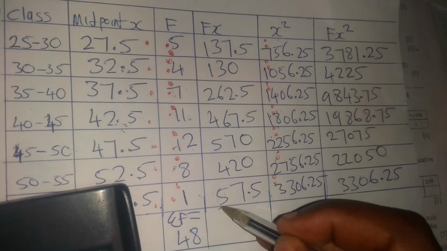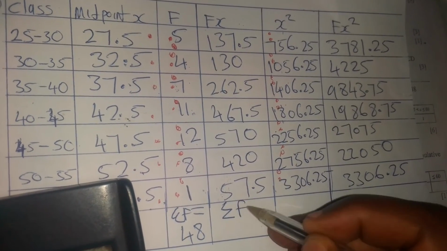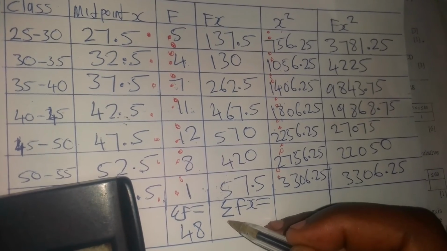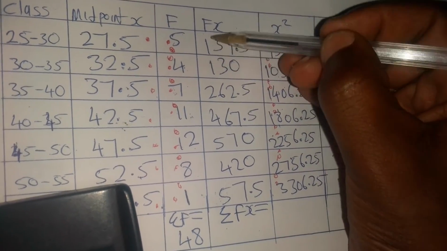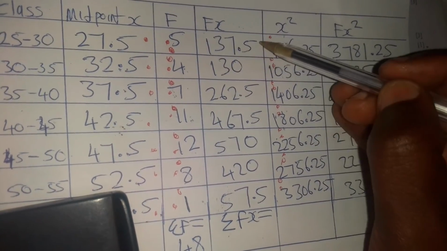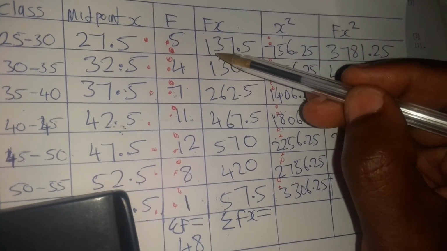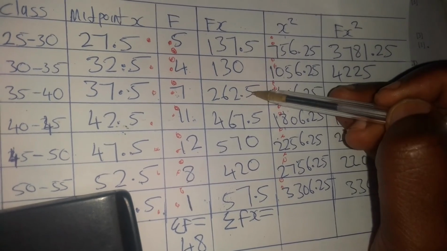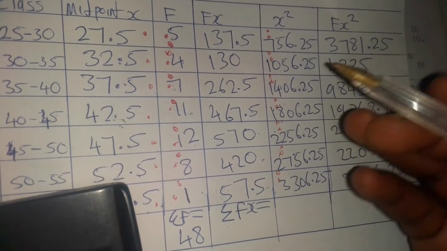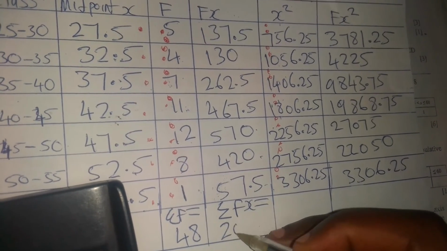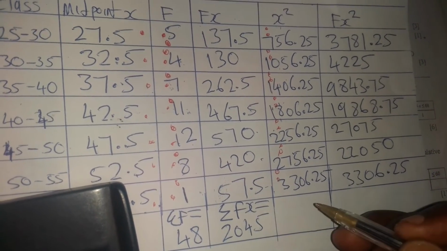Again, you have to add the numbers here. Sum. Remember this symbol means sum or adding. So you add all these numbers: 137.5 plus 130 plus this plus this plus this plus this plus this. The total you put here should be 2045.